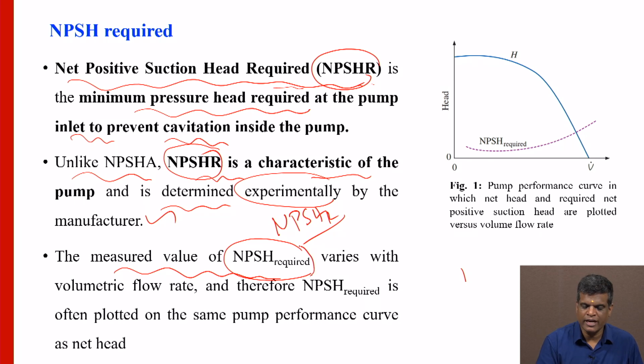So the net positive suction head required varies with the volumetric flow rate. Here there is the head and there is the volumetric flow rate.